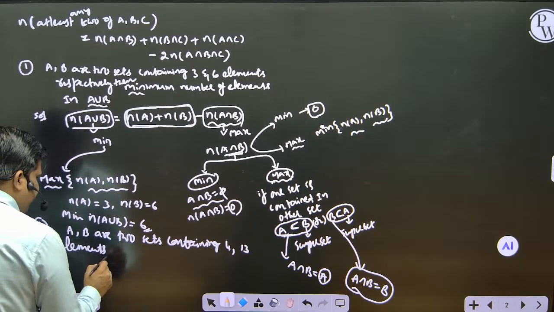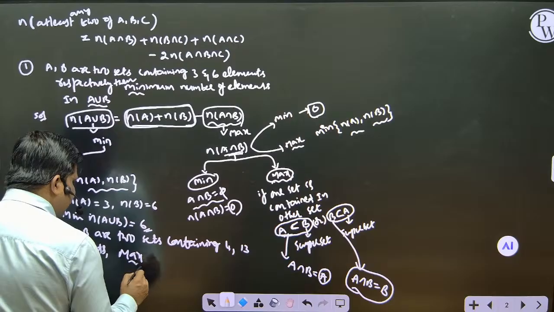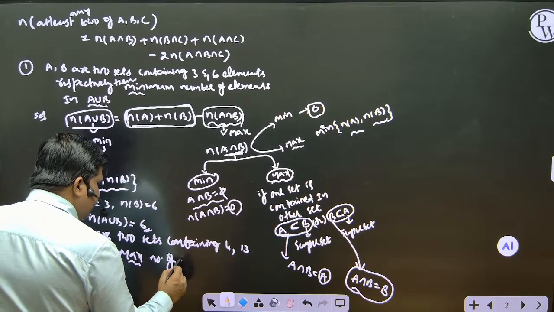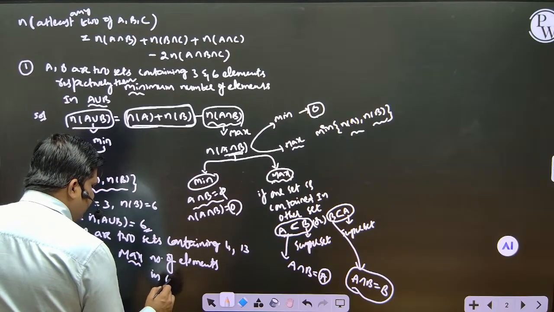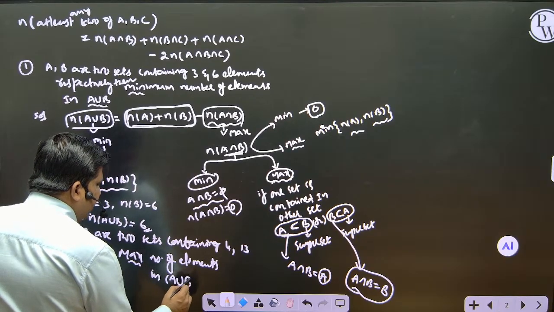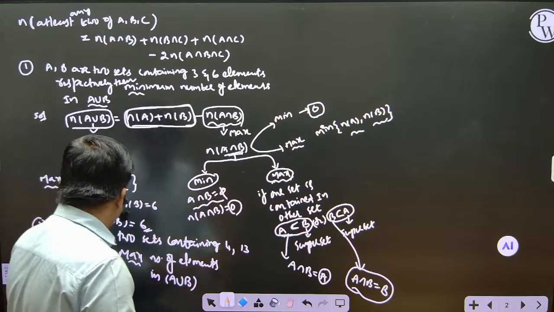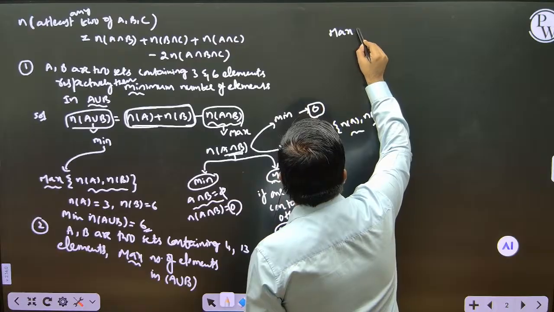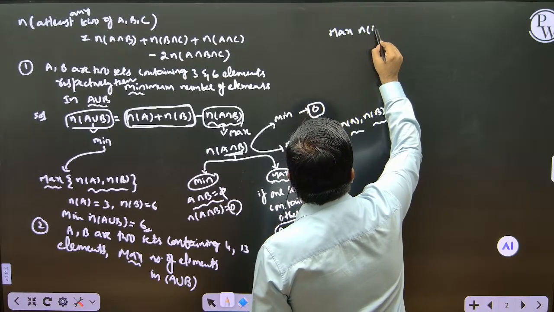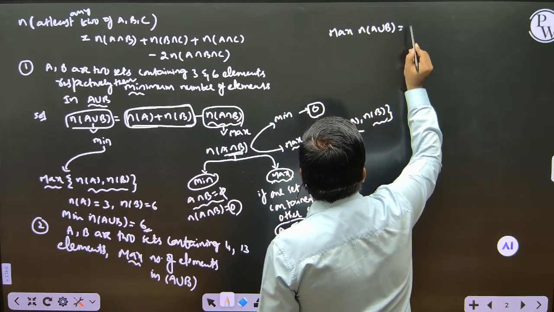The maximum number of elements in A union B. I have already told you that the maximum of n of A union B is equal to what?